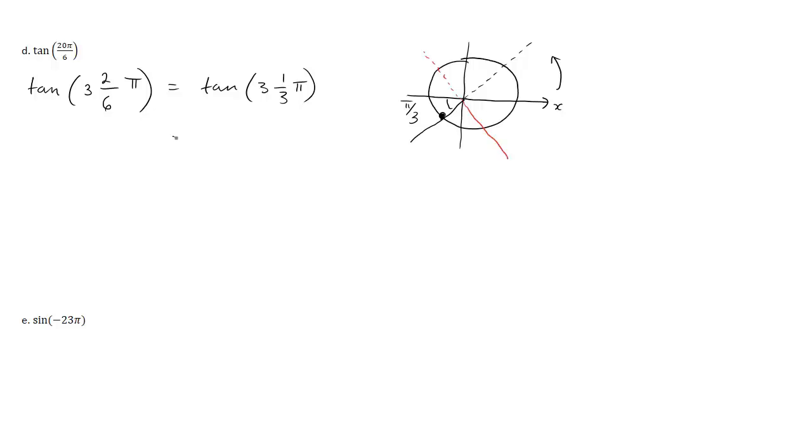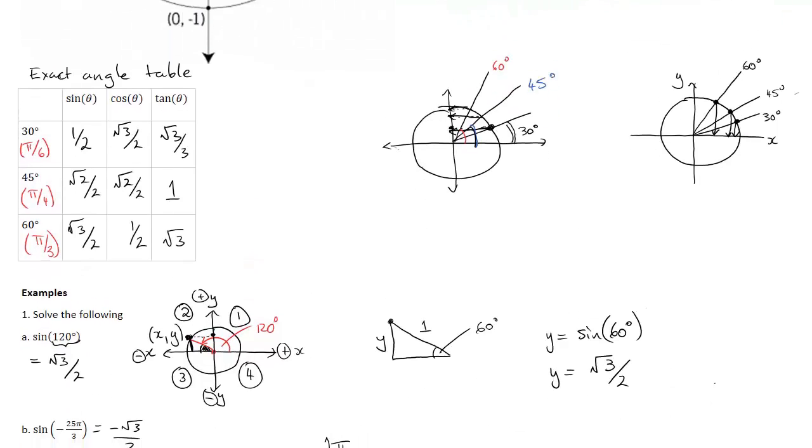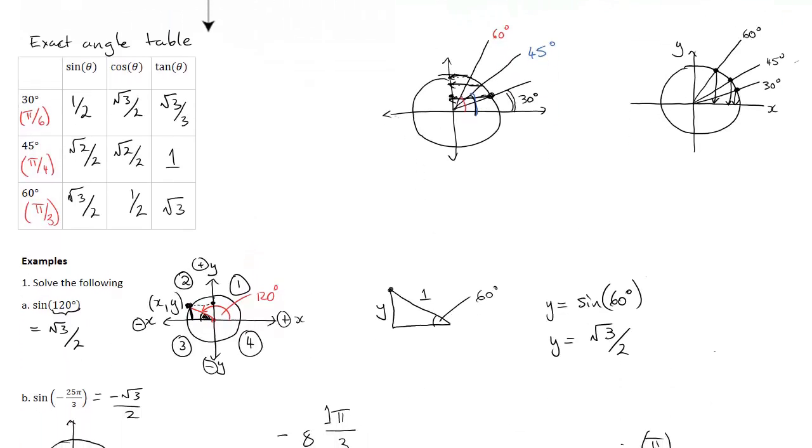So what we can do is we can just say, okay, well, tan of 3 1/3 pi is equivalent to, we have to look at our exact value table. So tan of pi on 3 is 1/3.